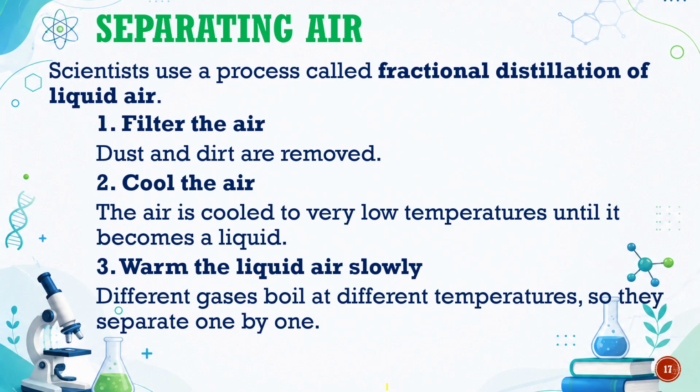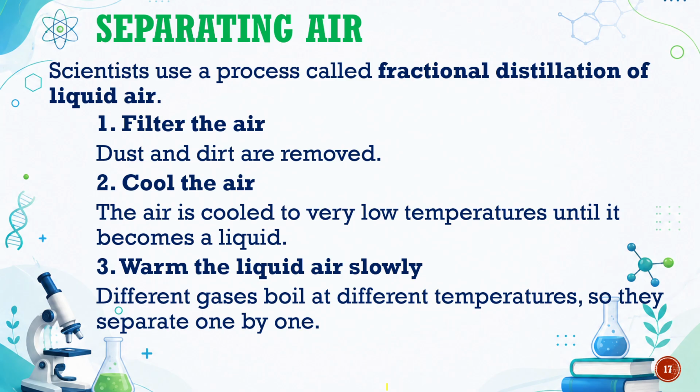The air that is free from dust and dirt is cooled to a very low temperature until it becomes liquid, right? If you recall, we talked about the reverse processes between solid, liquid, and gas. So cooling the air to very, very low temperatures converts air in gas form into liquid form.